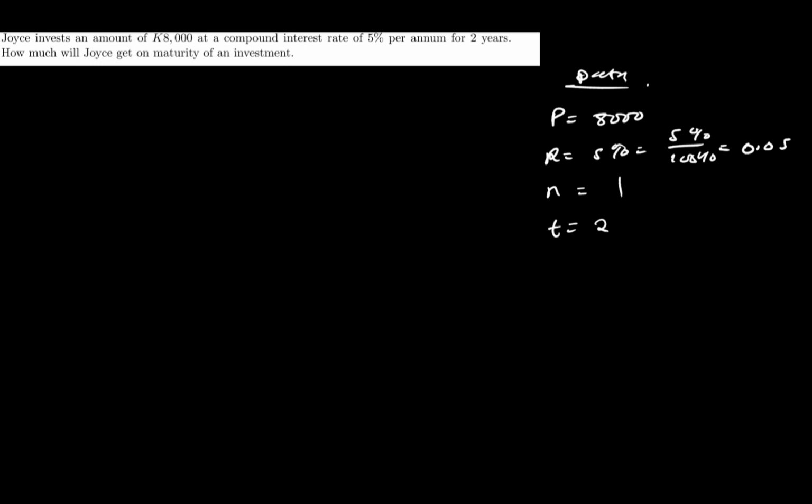So to find the value, we'll say that the accrued amount, which is how much money Joyce will get on the maturity of an investment, is equivalent to P times (1 plus R over N) to the power NT.